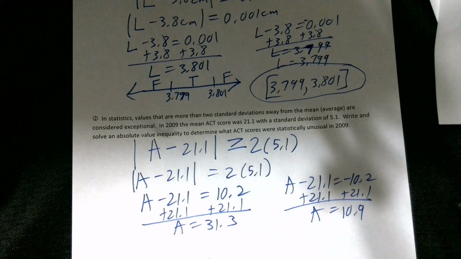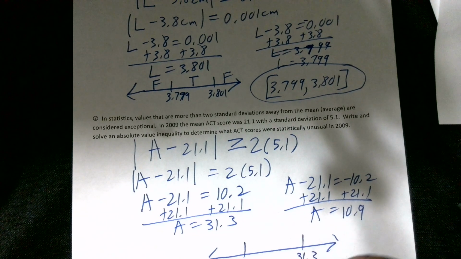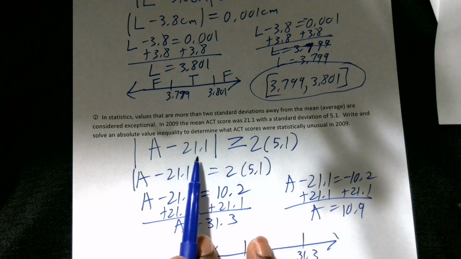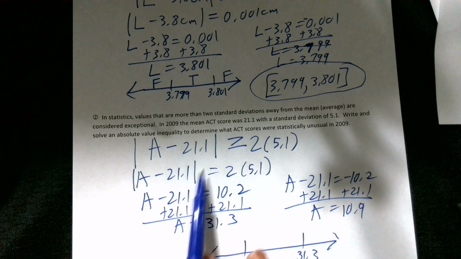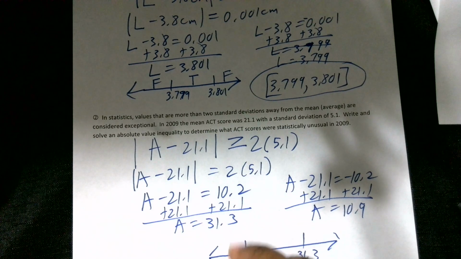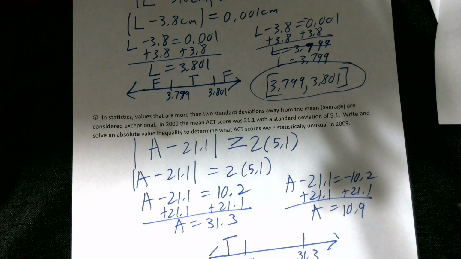Now we would do our truth table. We add 10.9, 31.3. Now for the value less than 10.9, I would just use 0. And then 0 minus 21.1 is negative 21.1, and we know the absolute value would be greater than 10.2. So that would be true.